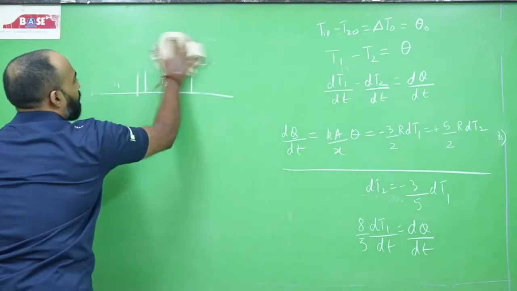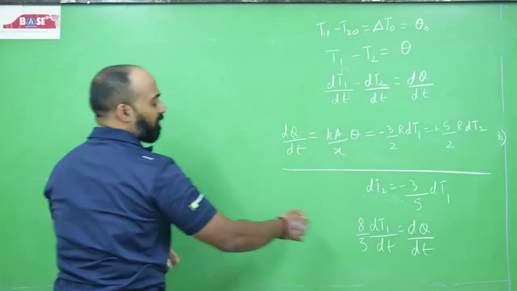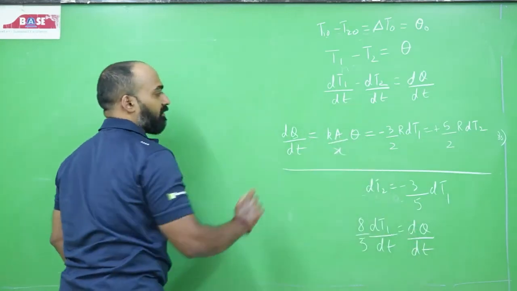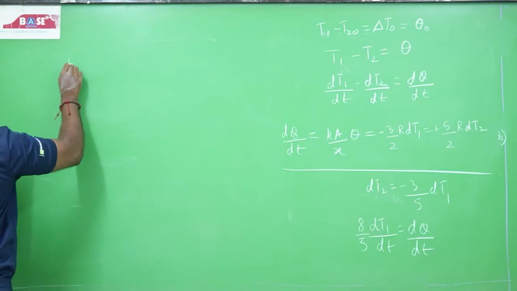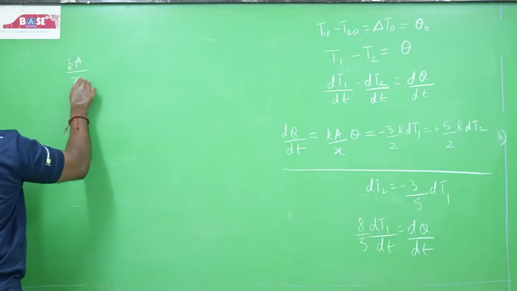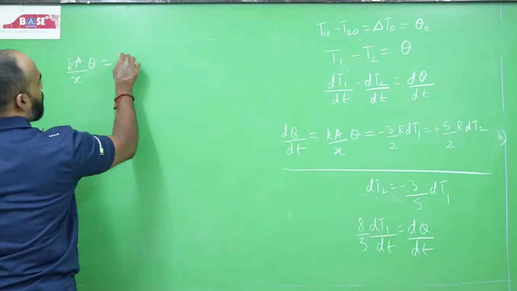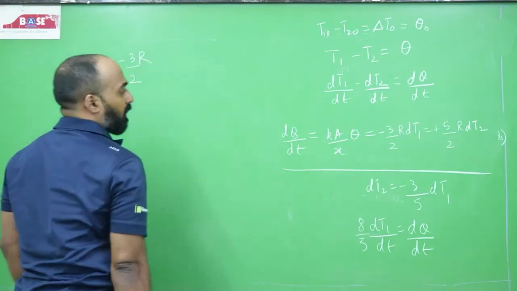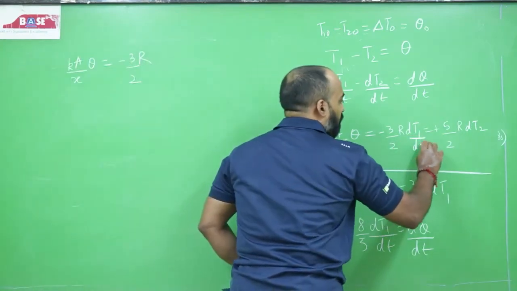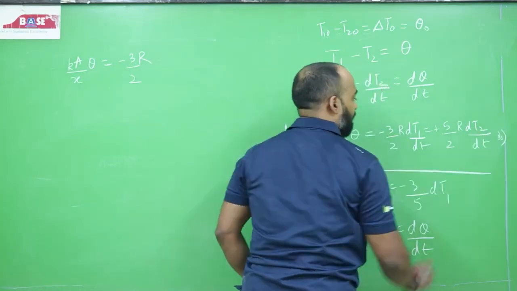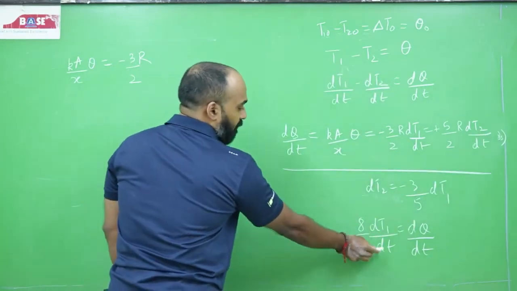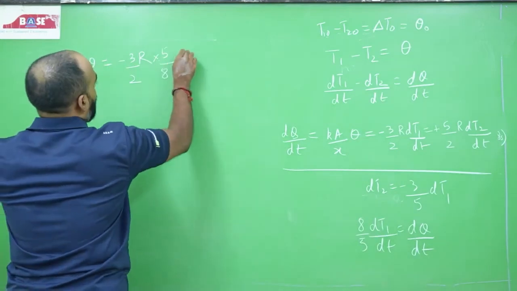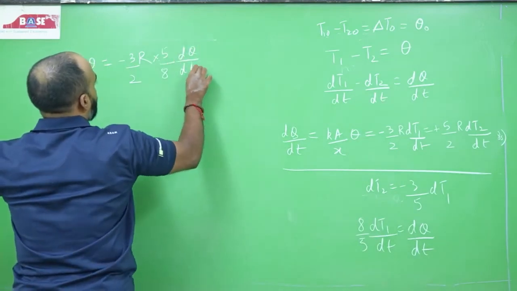Now I need to find the temperature difference as a function of time. So I need an expression with d theta by dt and theta. I'll write KA by x times theta is minus 3 by 2 R, differentiate with respect to time, dT1 by dt, and dT1 by dt is 5 by 8 d theta by dt.